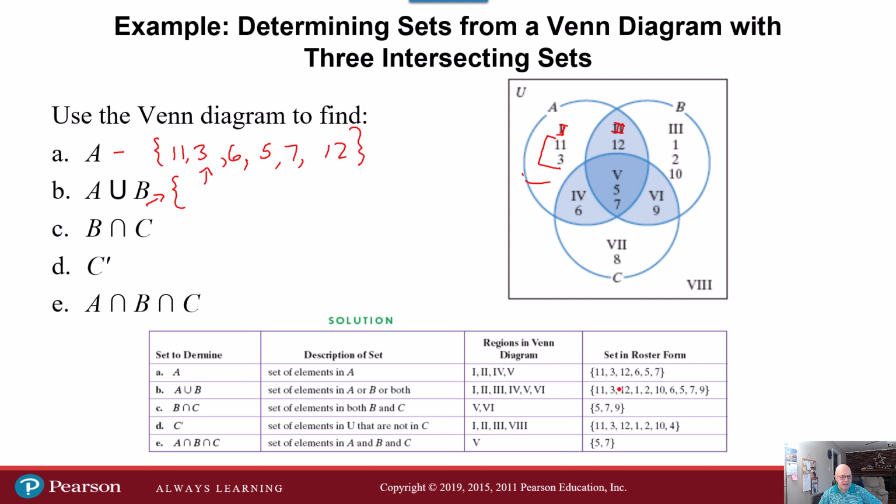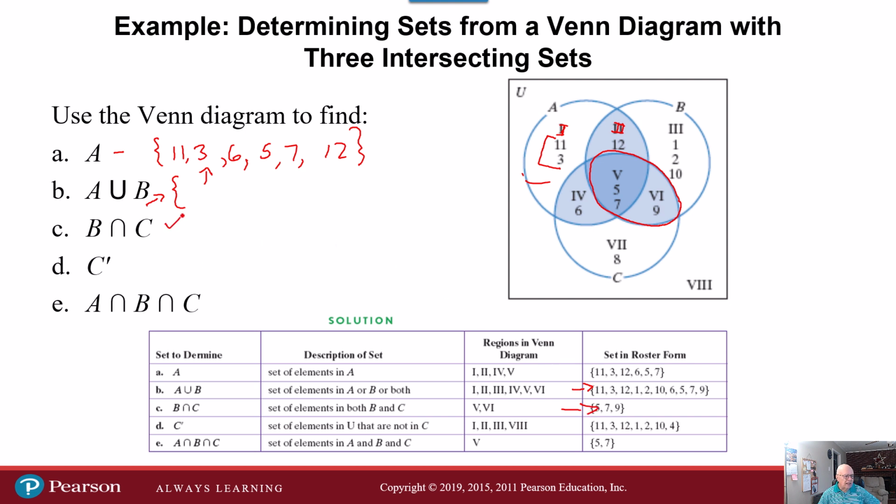And you can see that down here. That's A union B. And B intersect C. Remember, that's where the two cross. So B and C across there. And what elements does it have? 5, 7, and 9. There we go, 5, 7, and 9.